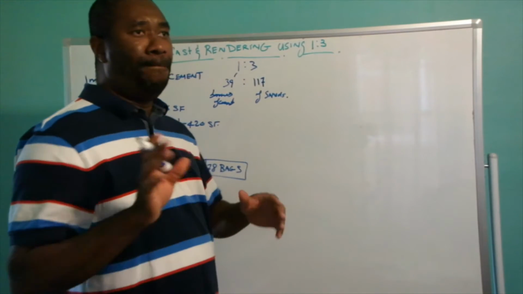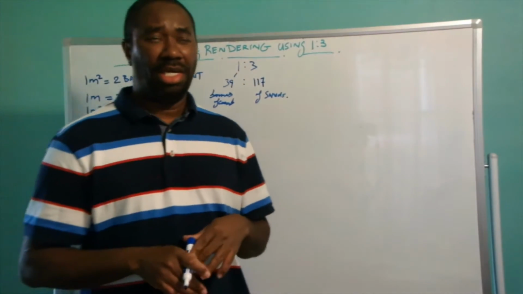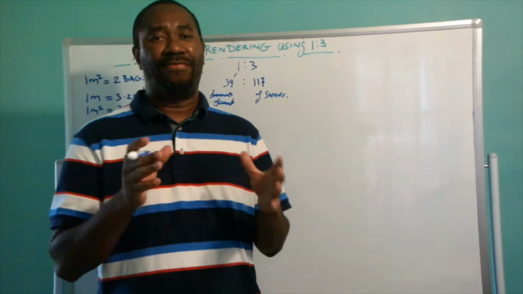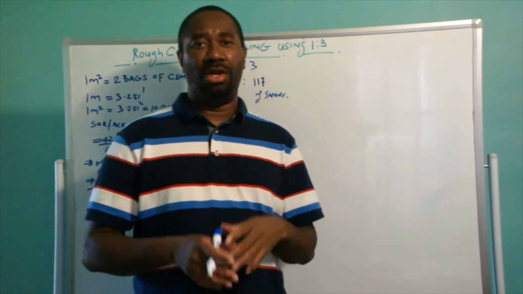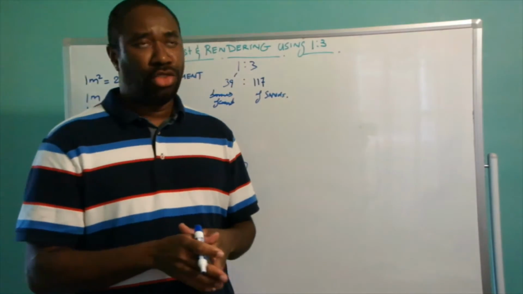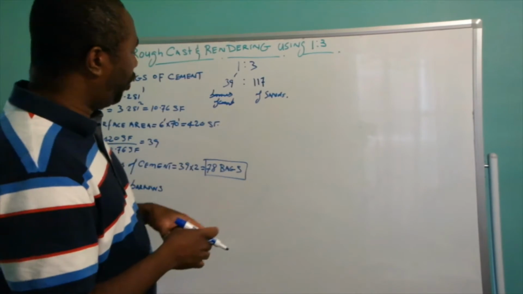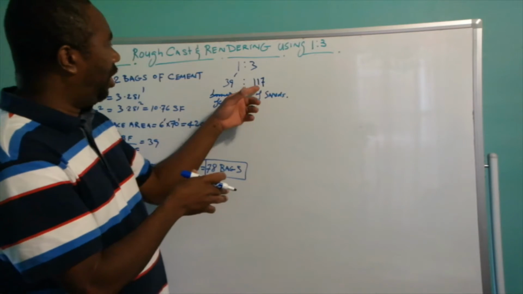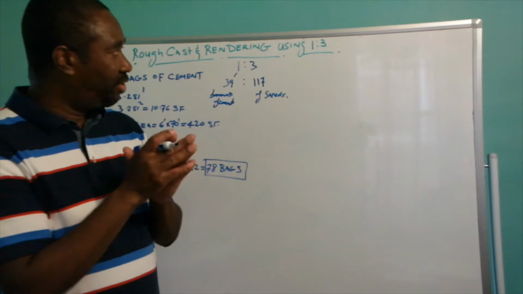Now, based on approximation, it will take approximately 5 cubic feet of material to fill 1 barrel. So we want to obtain how much quantity in terms of cubic feet is equivalent to this 117 barrels of sand.